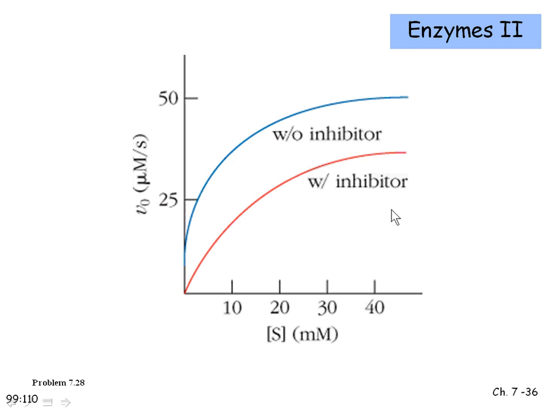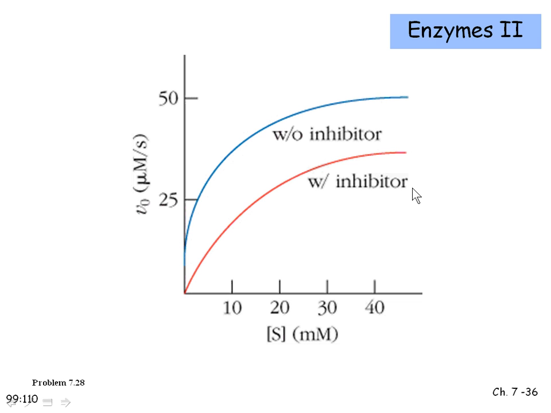So what can we say about the Vmax in the presence of this inhibitor? What would you estimate would probably be the effect on the Vmax by this inhibitor? If we look at the probable Vmax in the presence of this inhibitor, it probably has a lower Vmax.